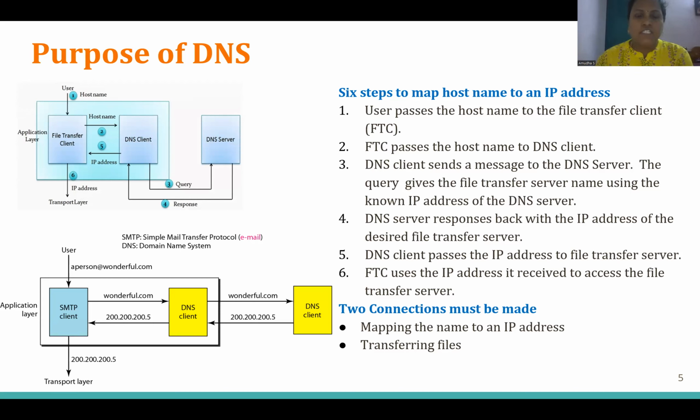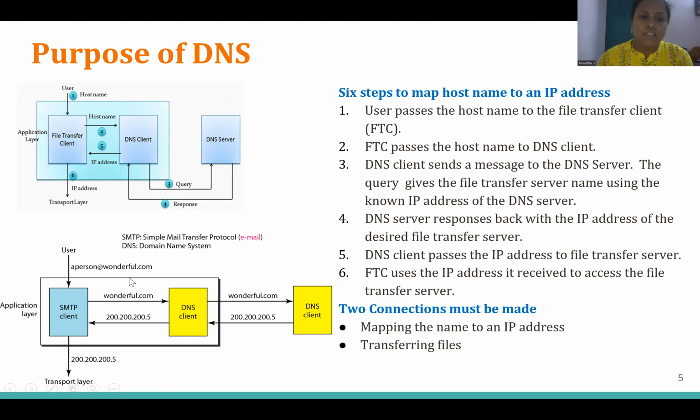Then the DNS server responds back with the IP address of the desired FT server. After receiving the response, the DNS client passes the IP address to the file transfer client. So the file transfer client uses that IP address to receive the particular services from the file transfer server. These are the 6 steps we should follow to map the host name to the IP address.